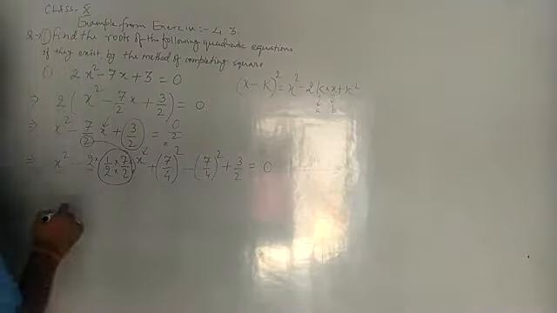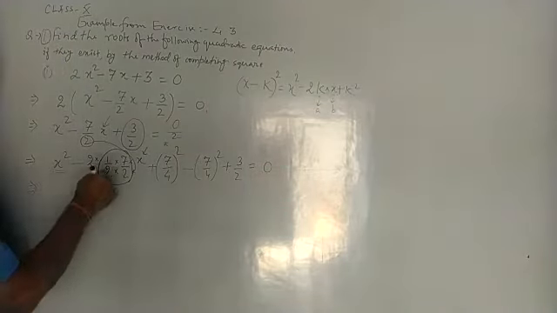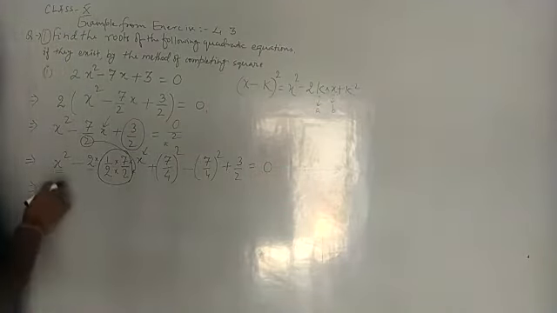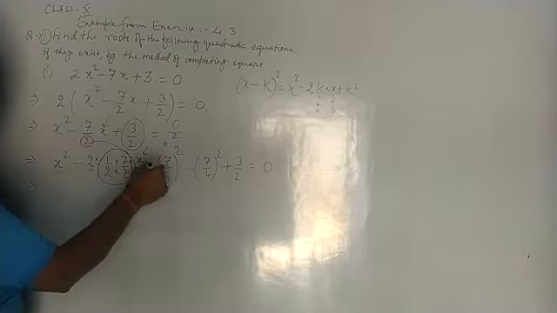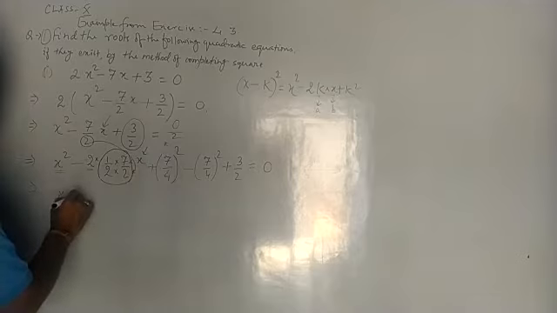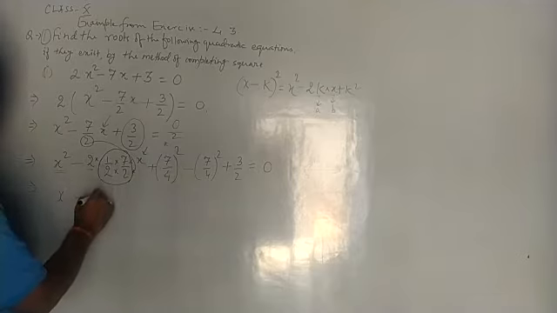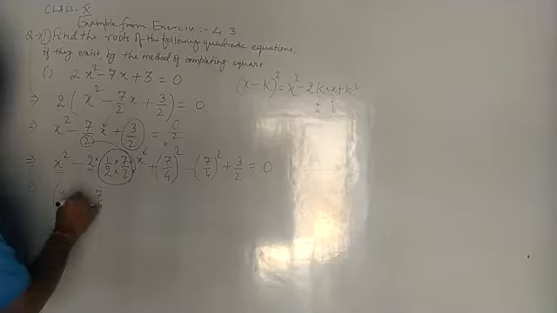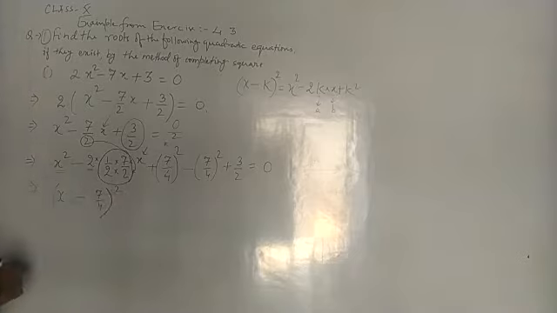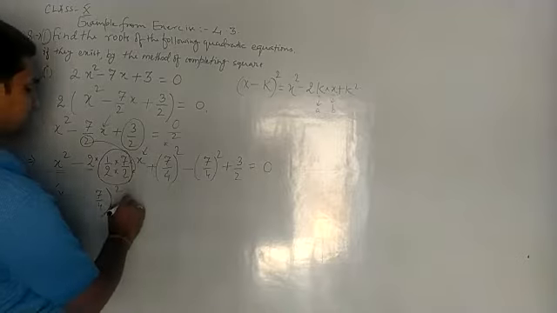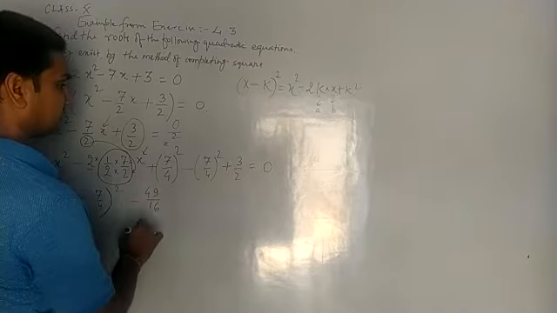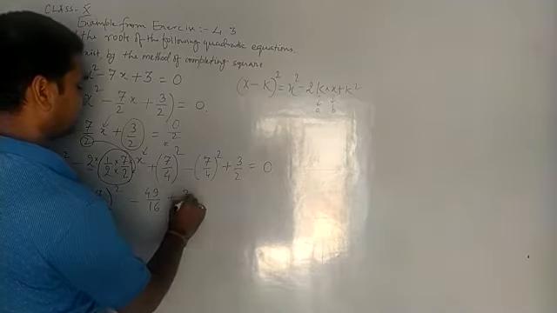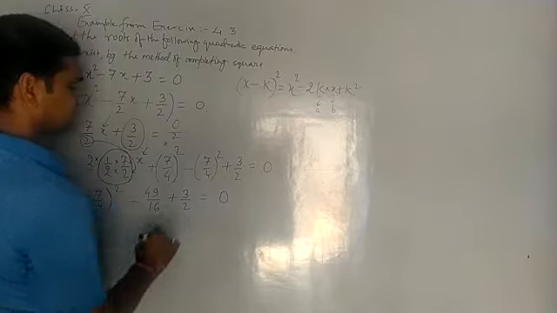So it will be now, x square minus 2xk plus k square. So that will be x minus 7 by 4 whole square. Minus 7 sevens are 49, 4 fours are 16, plus 3 by 2 is equal to 0.